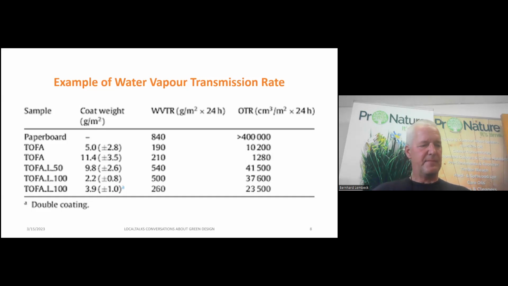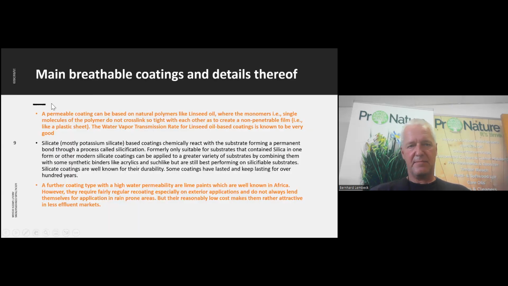And so let's have a look at the main breathable coatings and what is available and what they are based on. A typical type of permeable coating can be based on natural polymers like linseed oil.